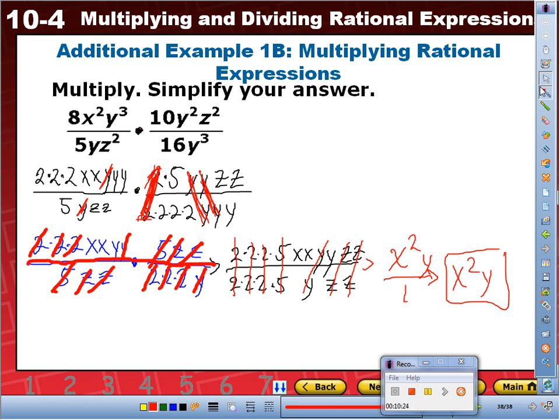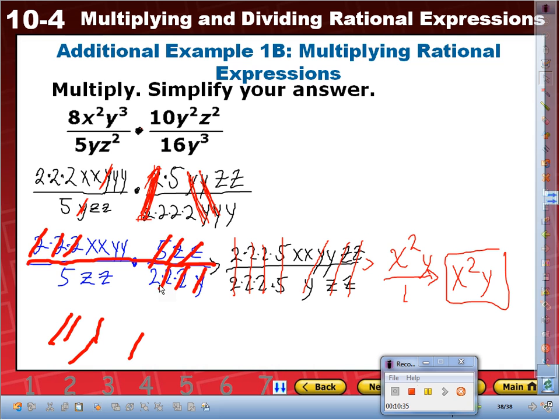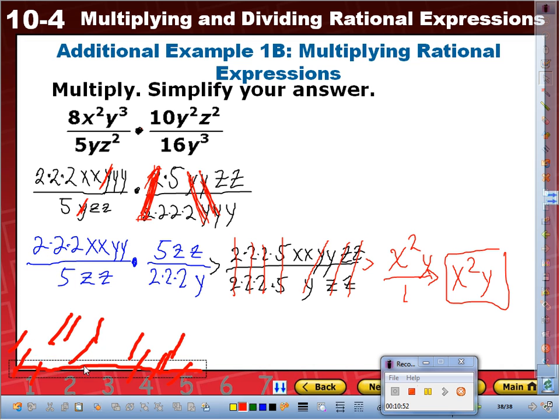Okay, here it goes again. So, check this out. At this point, we simplified here.